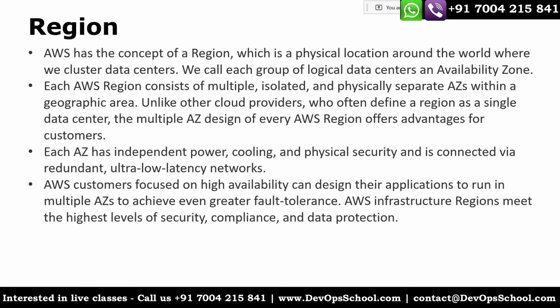So we have discussed already, let me sum up. AWS has a concept of region, which is a physical location around the world where we cluster data centers. Remember, data centers. Now, we call each group of logical data centers an availability zone, and each AWS region consists of multiple isolated, physically separated availability zones within a geographic area.